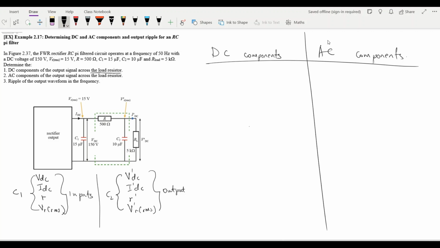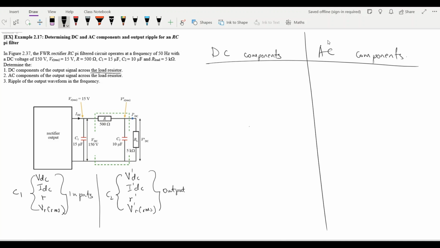Now, what is it that we are looking at here? The question wants us to calculate DC and AC components across the load. Where do we find the load in the circuit? On the output side. It means anything that you'll be calculating here should have a what? A prime. Perfect.